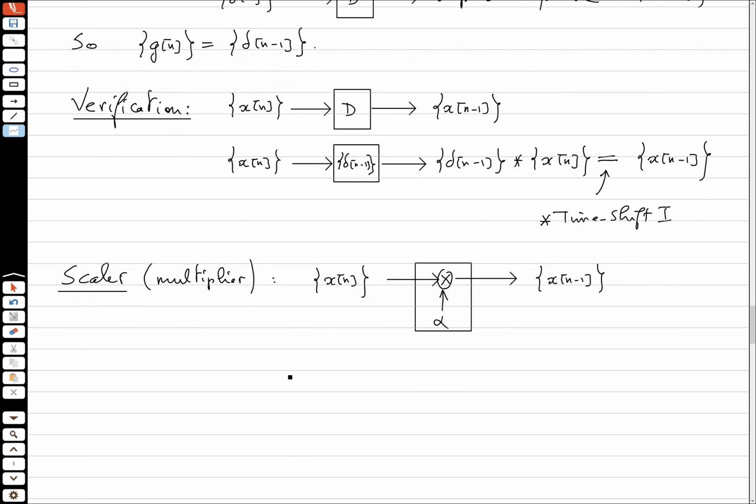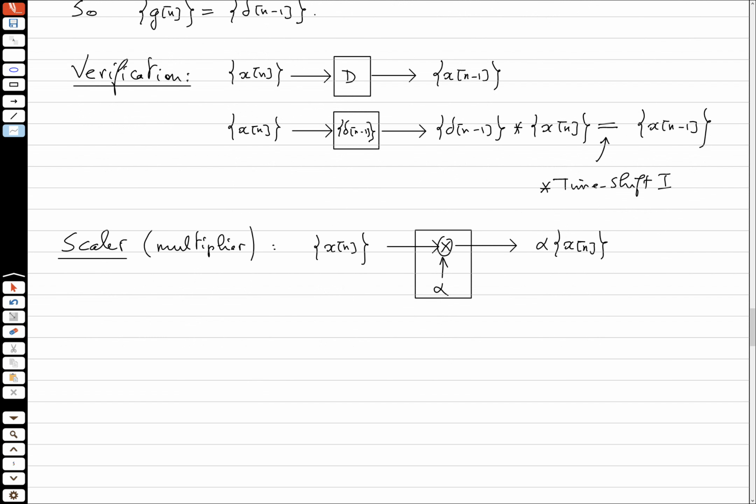Sorry, why am I writing the same thing as the delay element? So what is it going to be? Of course. So this is even more obviously LTI.